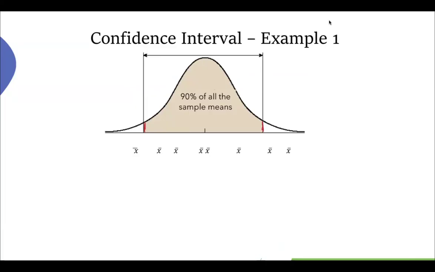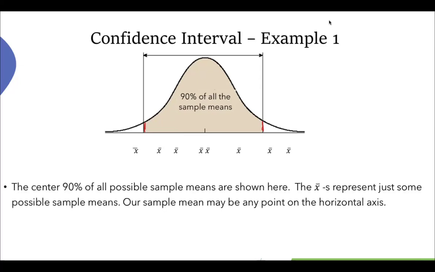The horizontal axis contains all possible sample means, and these are just some. I'm just labeling some of them, but the horizontal axis would contain all of them. And our sample mean that we happen to get from our n equal 36 patients can be any point on the horizontal axis.